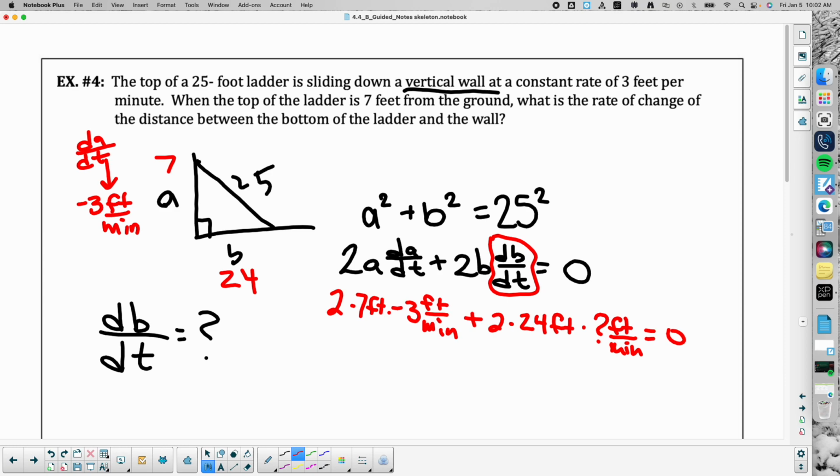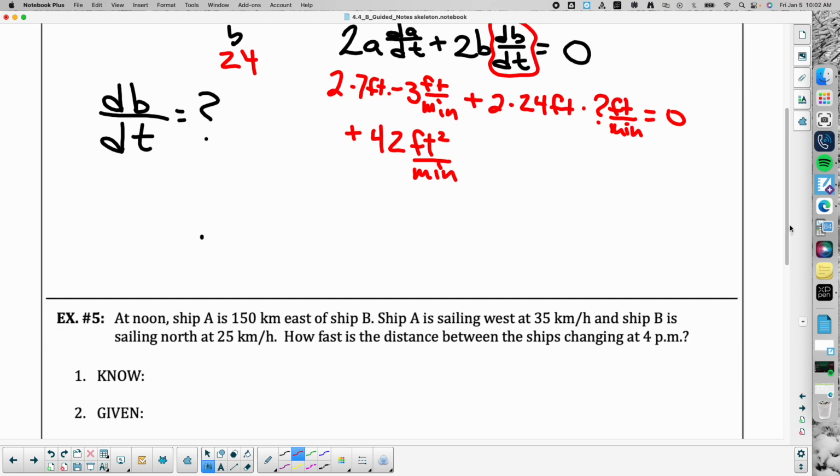What's 14 times 3? 30, 42? So we would have to add 42 feet squared per minute to both sides. So we currently have 48, I'll just call that X or something. 48X feet squared per minute.